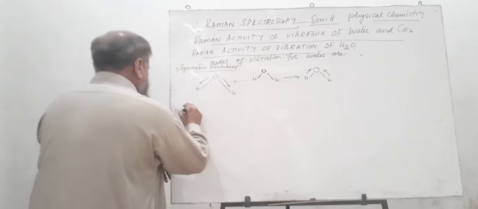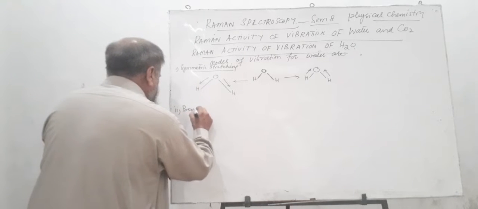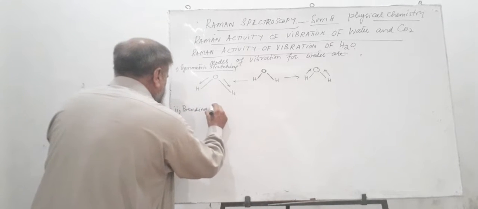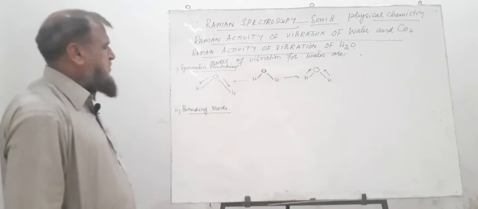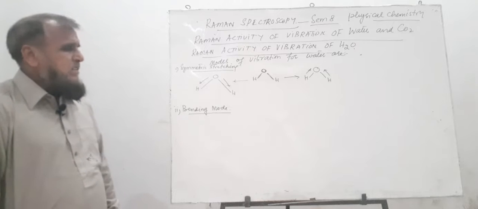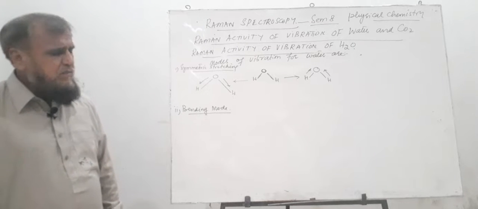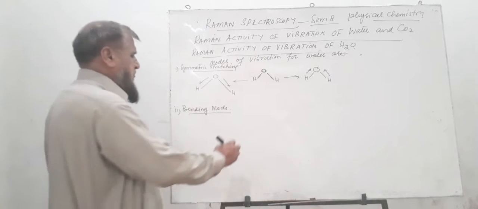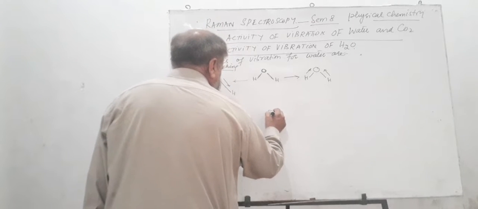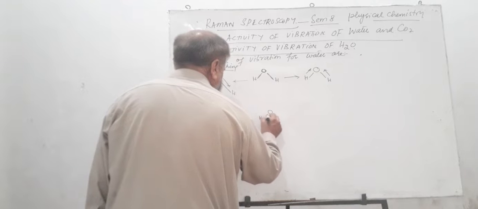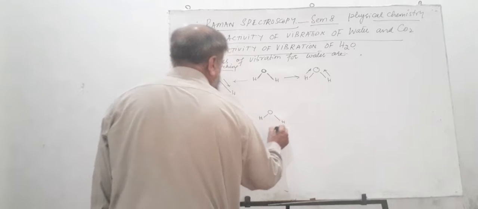The second mode of vibration is known as bending mode. In bending modes of vibration, the bond angle changes and the bond length remains the same. Now the bending modes are, let us suppose it is the equilibrium position of water molecule.